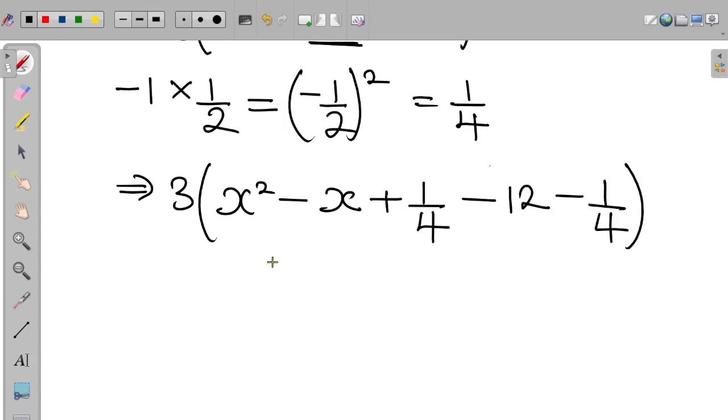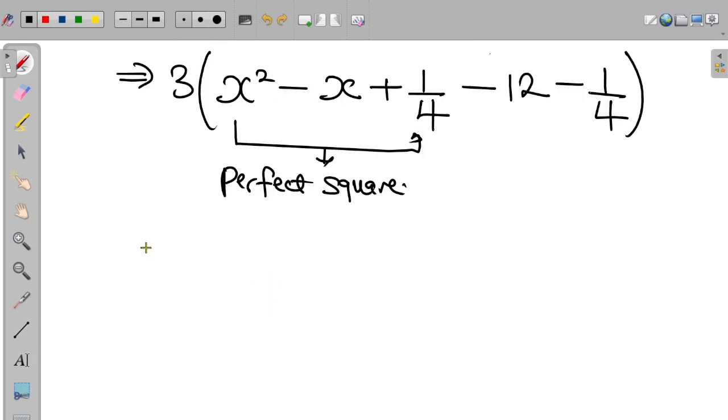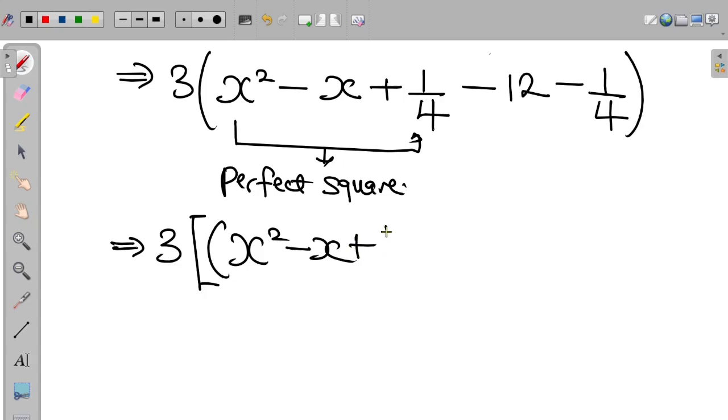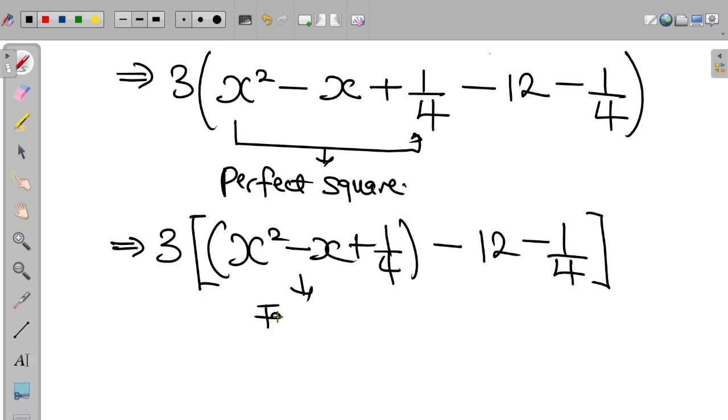It is good to know that the first 3 terms form a perfect square. Thus, this becomes 3, open your bracket, x squared minus x plus 1 divided by 4 minus 12 minus 1 divided by 4.